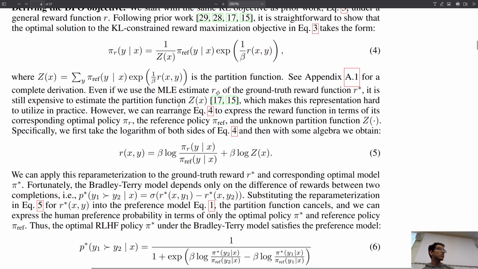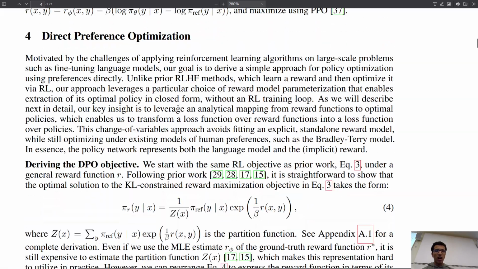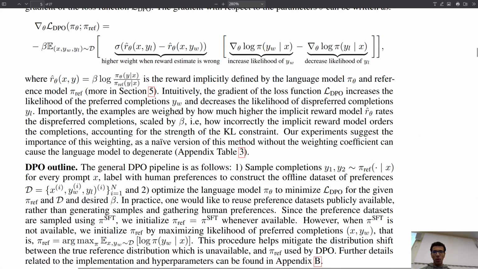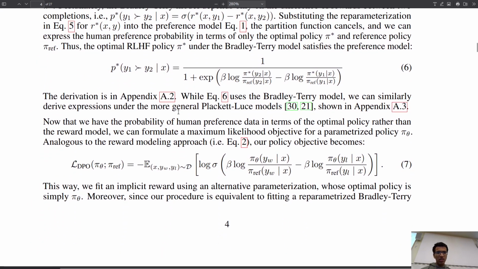That becomes the pi star? That they get to represent pi star, yeah. They don't actually end up showing pi star, they convert it over here. Where we go from equation 6 to 7, pi star disappears and it becomes pi sub theta. So we have pi star, which is the optimal policy, and pi theta, which is what we want to approximate the optimal policy with. So pi star is the goal.